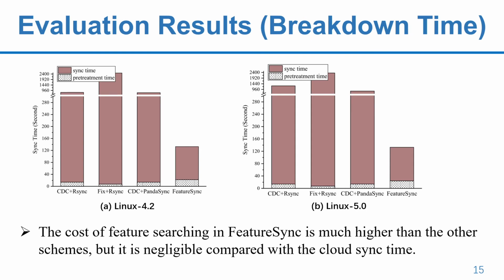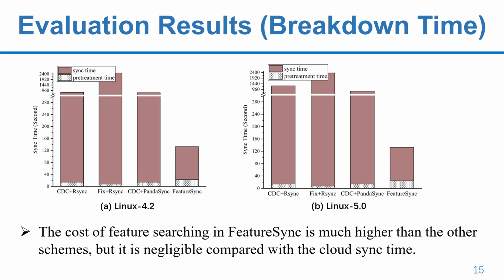In order to clarify the reasons, we carry out more analysis. By breaking down the composition of sync time, we can see that Feature Sync spends much more time on pretreatment of files than the other schemes because Feature Sync needs to search the feature, but the impact on sync performance is small.